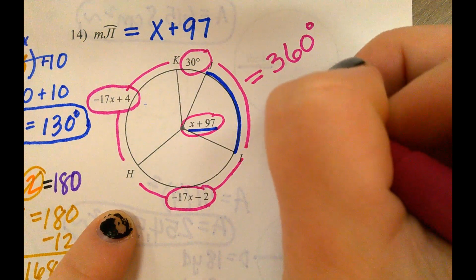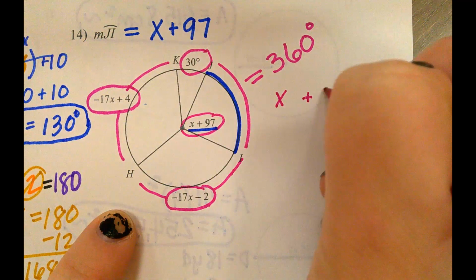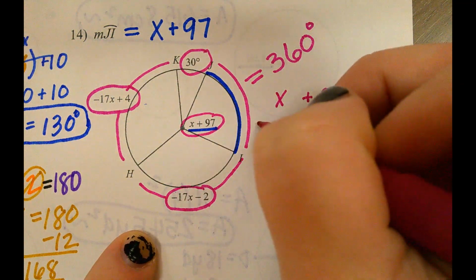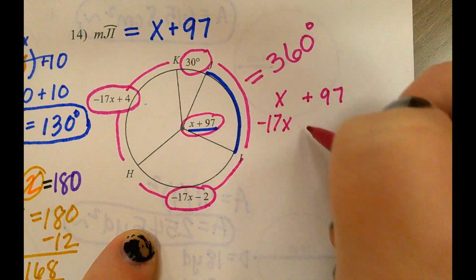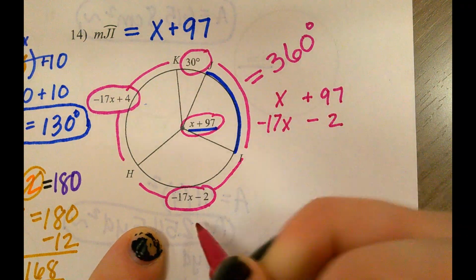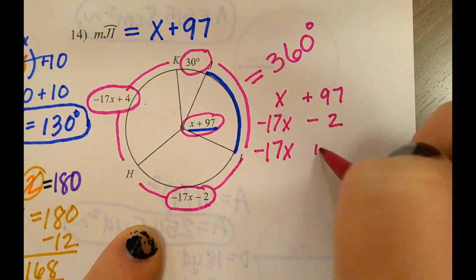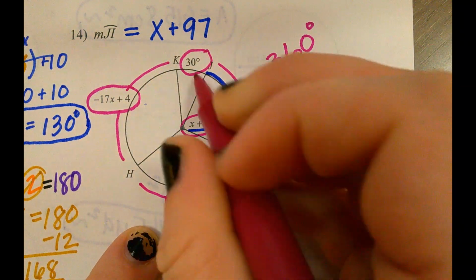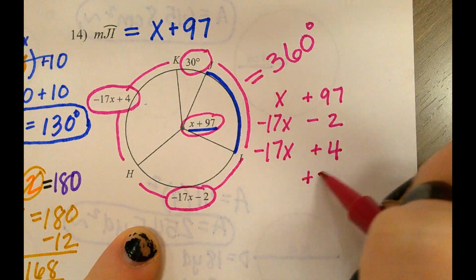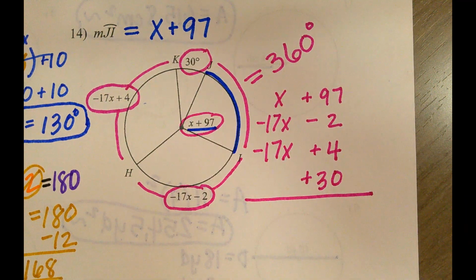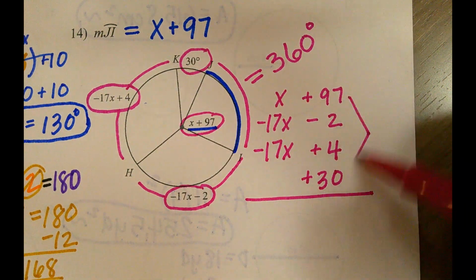So I'll start with x plus 97, negative 17x minus 2, negative 17x again, plus 4, and then plus 30. And we can combine like terms this way.